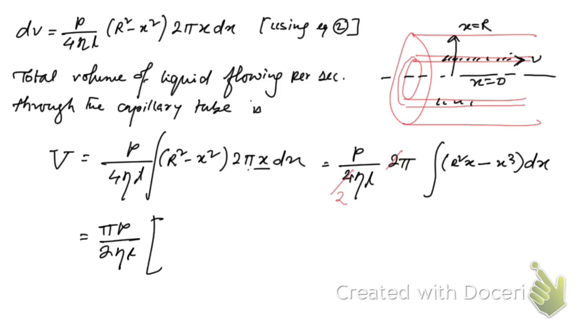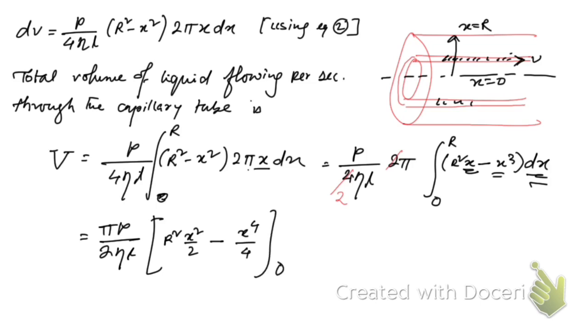Now integrating it from x equal to 0 to R. If you integrate x dx, you get x square by 2. Then minus, if you integrate x cube dx, you get x to the power 4 by 4.